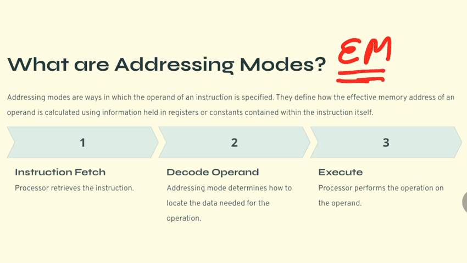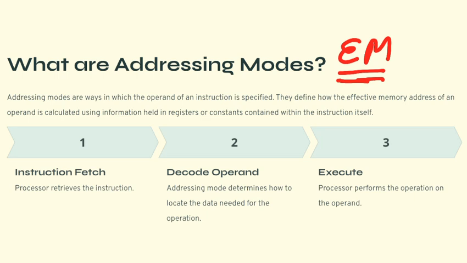First you need to understand what the effective memory address is. The effective memory address is the actual address where your operand is available. You are going to work with data. Suppose you need to do an arithmetic operation, an increment operation or a decrement operation within the ALU.